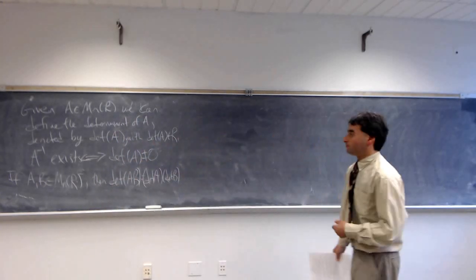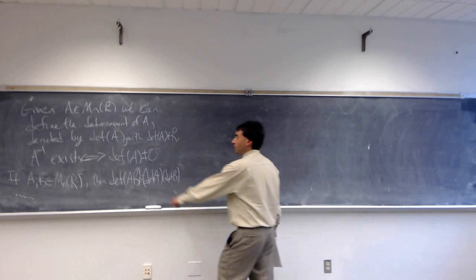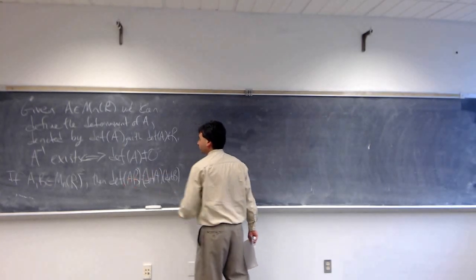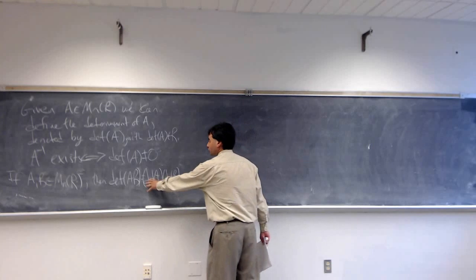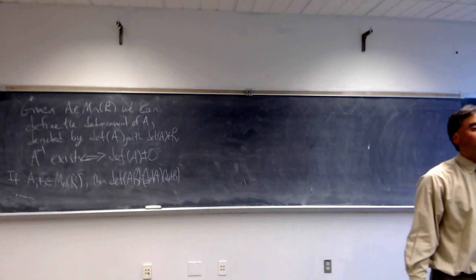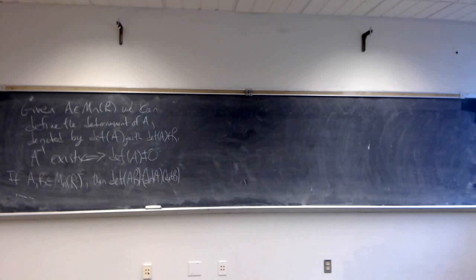It comes from R. So I point out these are two different multiplications. AB is a multiplication of n by n matrices. Determinant of A times determinant of B is multiplication in whatever number system you're working in, usually the reals or the complex numbers, rationals or integers.